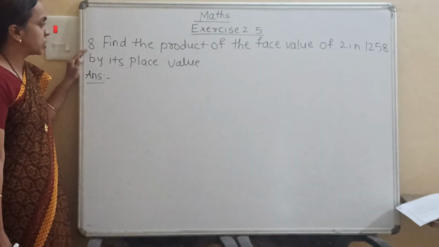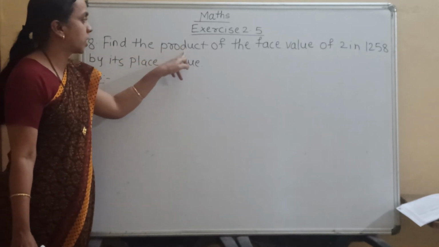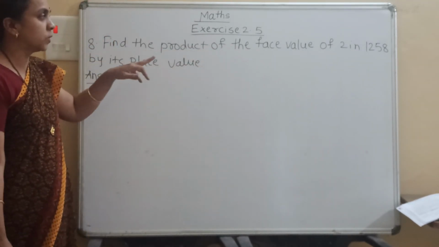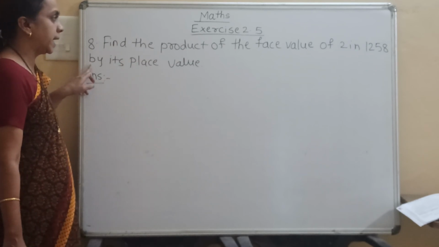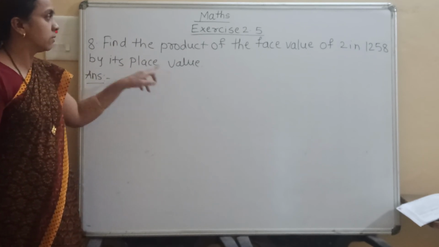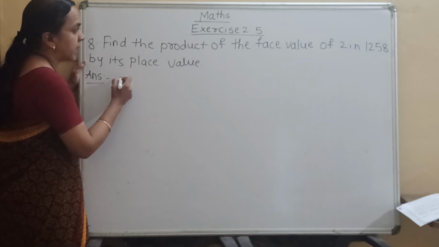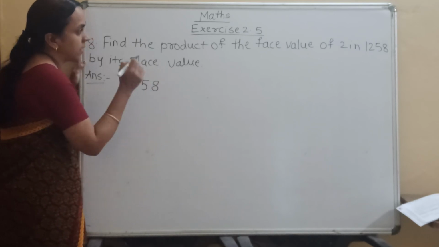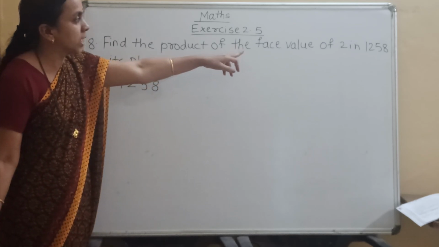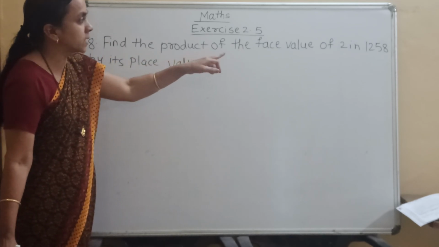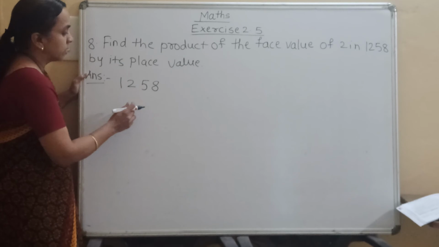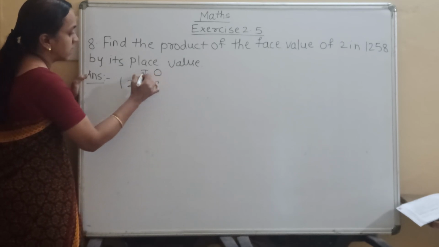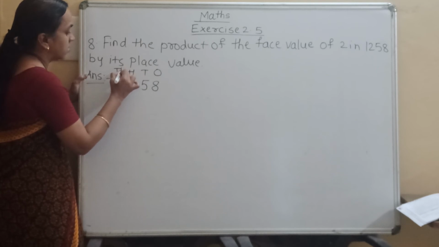Now see 8th question. Find the product of the face value of 2 in 1258 by its place value. First we will write this number 1258. So what do we have to find out? We have to find out face value of this 2. Suppose we write here ones, tens, 100, 1000.